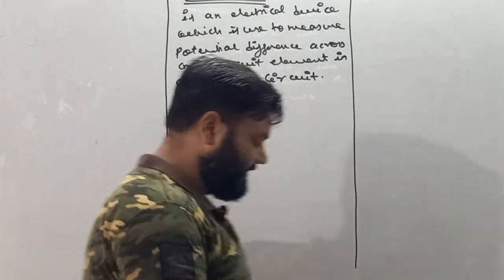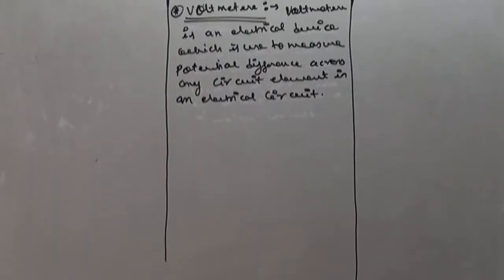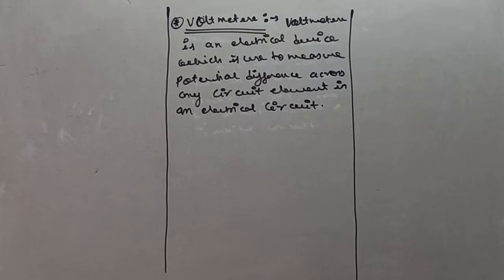Like the ammeter, which is an electrical measuring device, the voltmeter is an electrical device which is used to measure potential difference across any circuit element in a circuit.